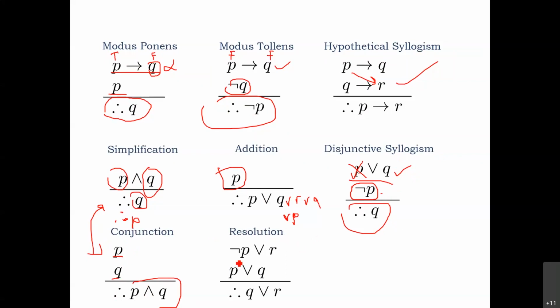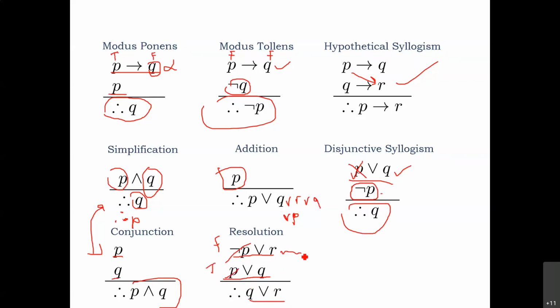Resolution. Not P or R, P or Q. Why do I get Q or R? Well, P can either be true or false, right? Let's assume that P is true. So this is going to be false, and this is going to be true.